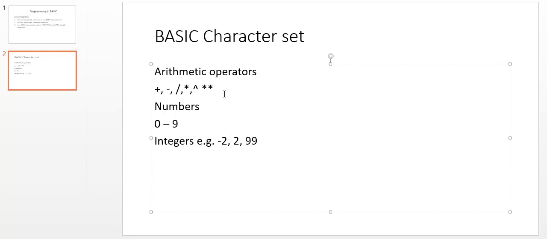These are integers, whole numbers. And then we also have floating point numbers, and they look like this: 3.14. Okay, numbers with decimal parts. These are floating point numbers.